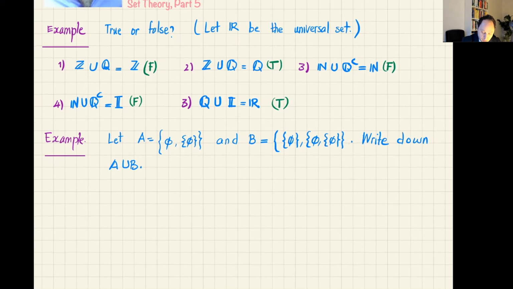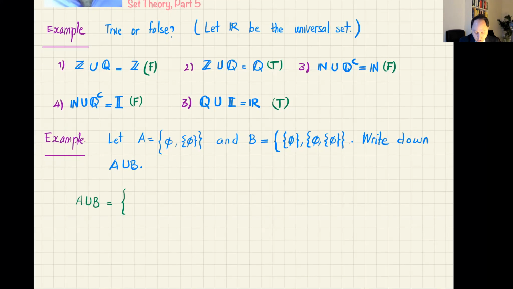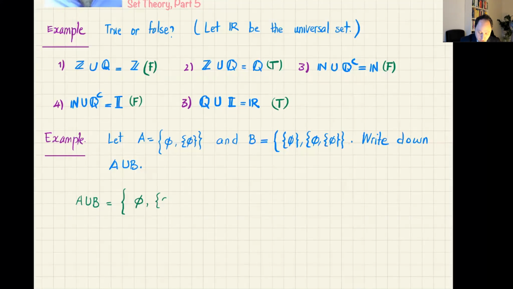If I want to find A union B, I write the elements of the first set. I always do this: I write all the elements in the first set. There are only 2 elements in the first set. One of them is the empty set, and the other one is the singleton consisting of the empty set. So if I want to write the union of this set with any other set, I don't think first, I just write all of them.